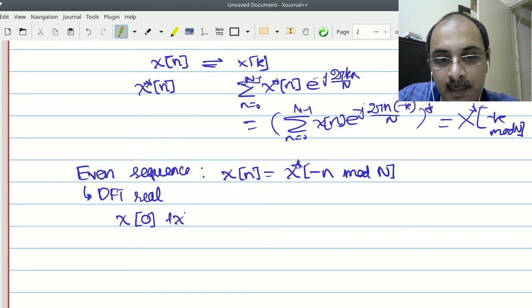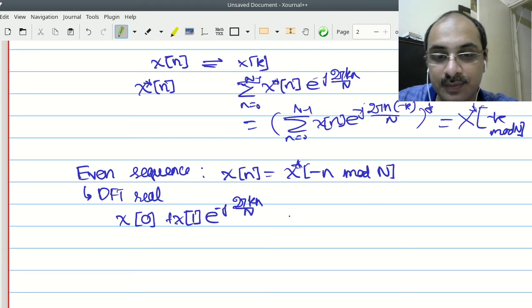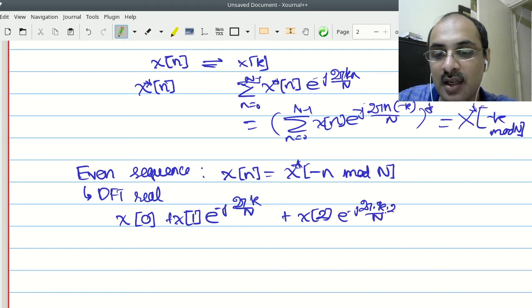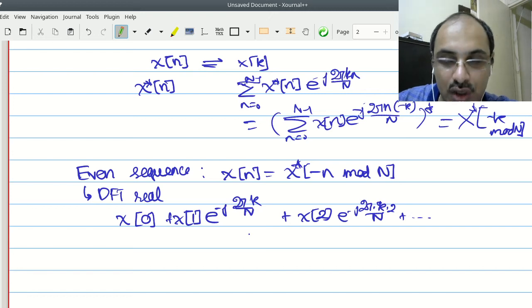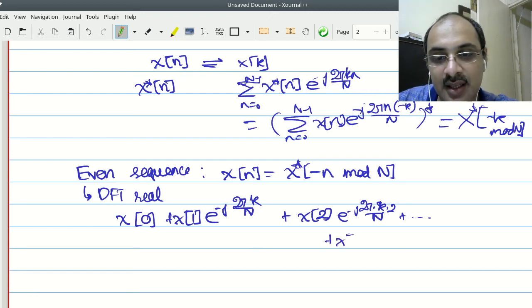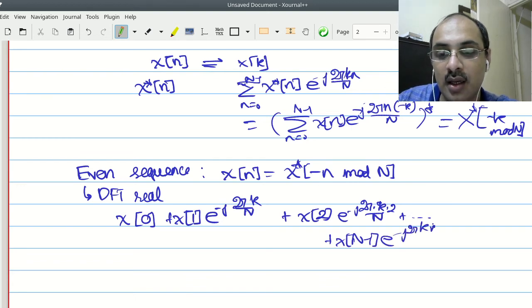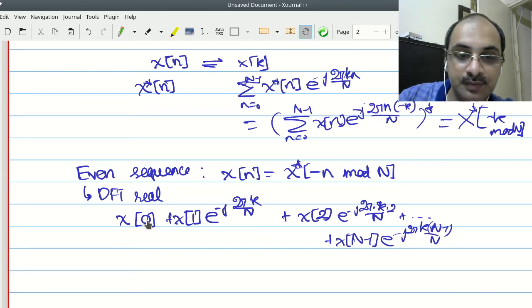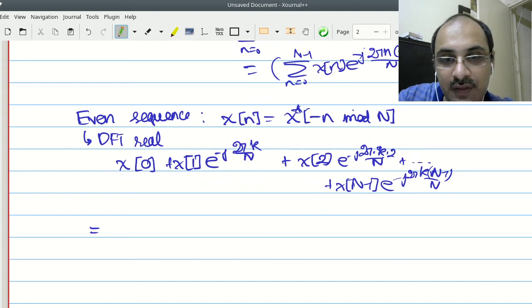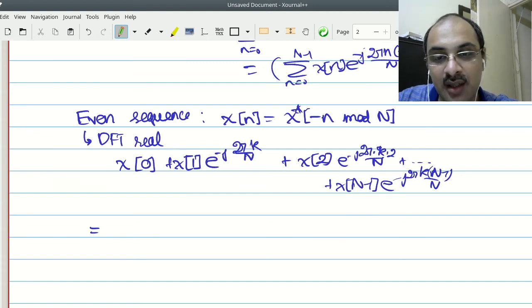Basically, if x[n] satisfies this, then have a look. You have x0. This is the formula for the DFT: x0 plus x1 e power minus j 2 pi k upon N plus x2 e power minus j 2 pi k into 2 upon N plus dot dot dot, and I am going to assume N is even, plus x[N minus 1] e power minus j 2 pi k (N minus 1) upon N. But notice that if you put n as 1, you actually get minus 1 mod N, which is N minus 1, and that's conjugate even.